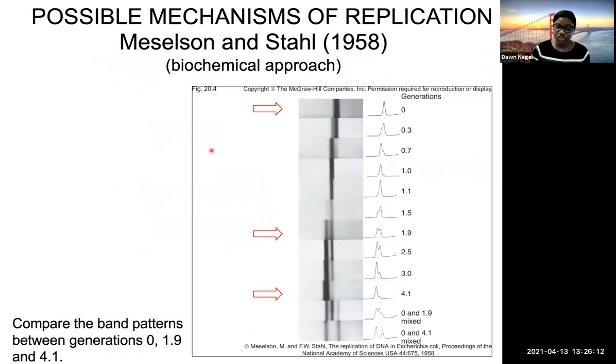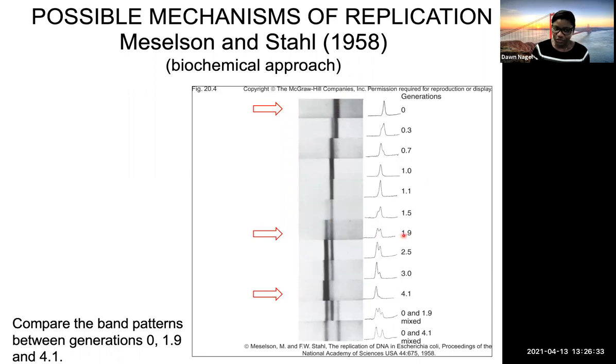And this is an actual gel of that experiment that you're looking at here. So these are the isotopes that they're looking at. The test tube that you're looking at, this is the bottom of the test tube, and this is the top. After the first generation, you have that middle ground when it's semi-conservative.